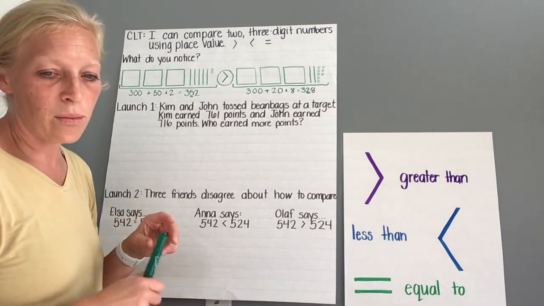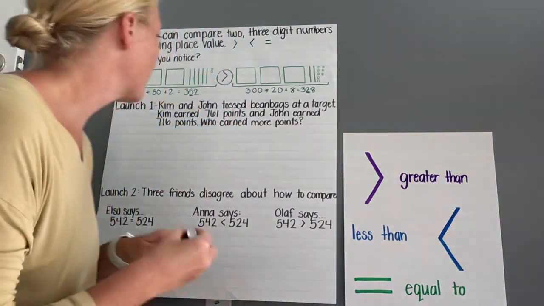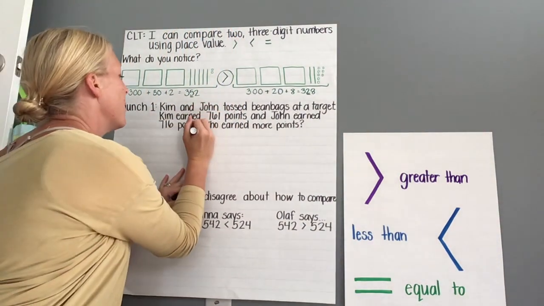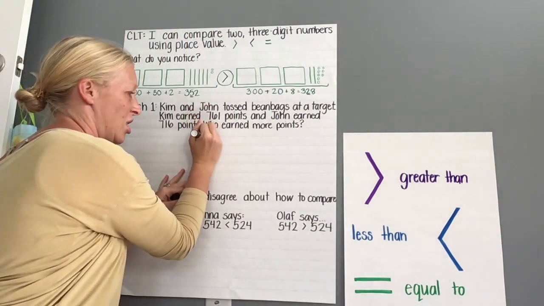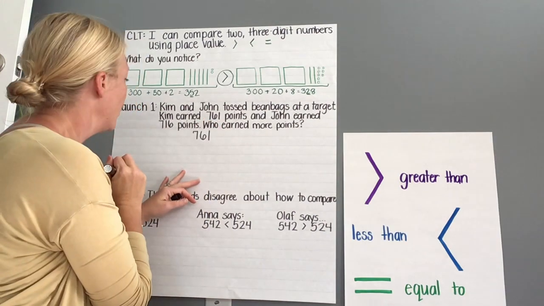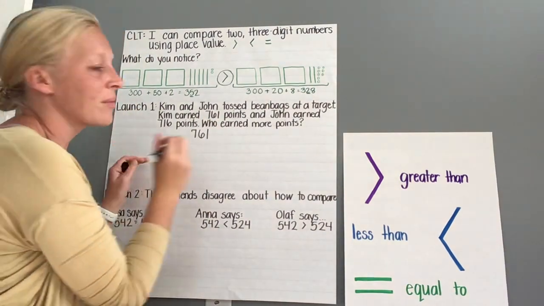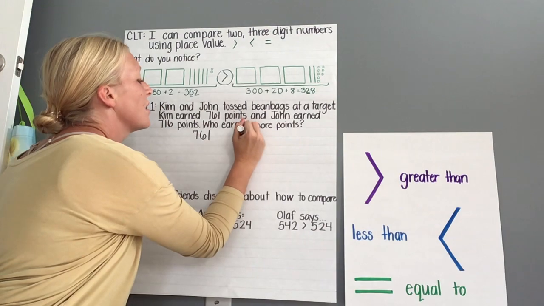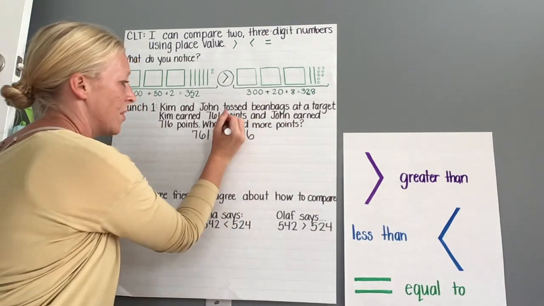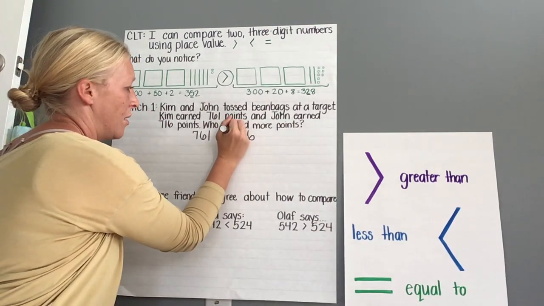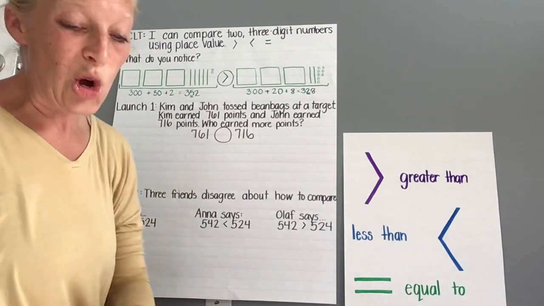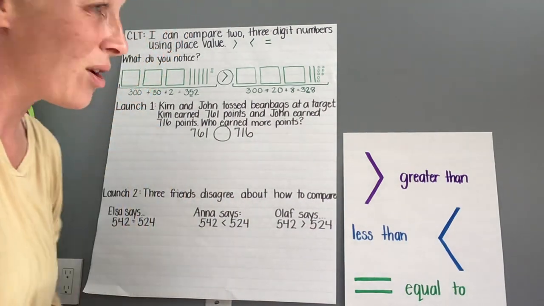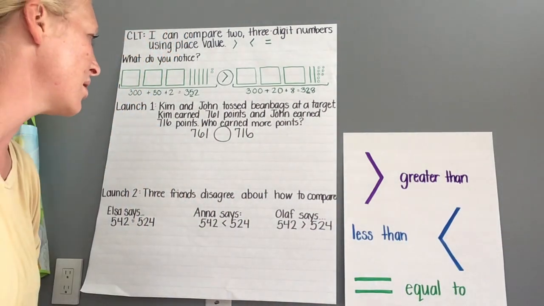Who earned more points? We've got our Kim. Yes, she earned 761. How many did John earn? 716. Yep, we want to know who scored more points.